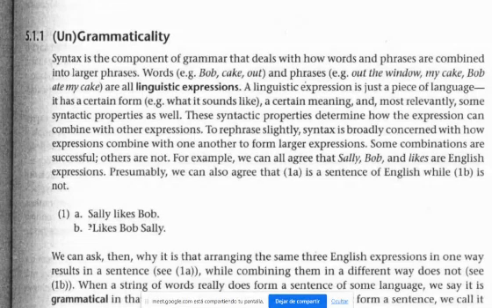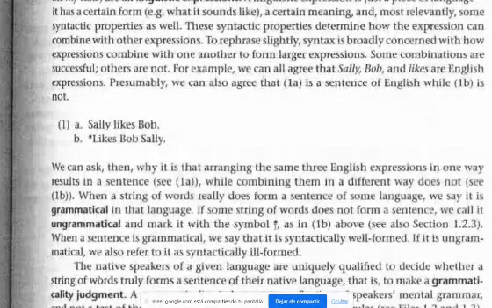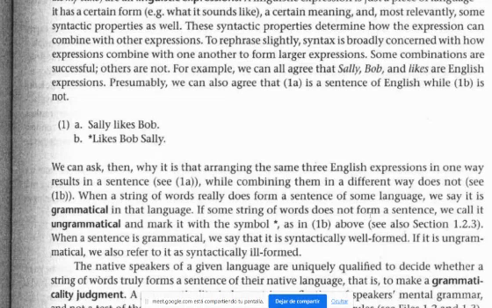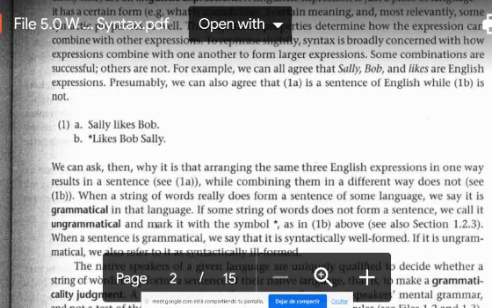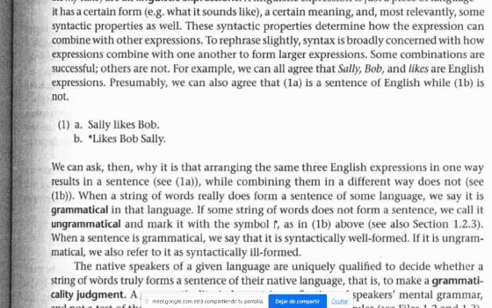What does this asterisk here mean? What is the meaning of that asterisk? The asterisk says that when some string of words does not form a sentence, we call it ungrammatical and mark it with this symbol, as in 1B.